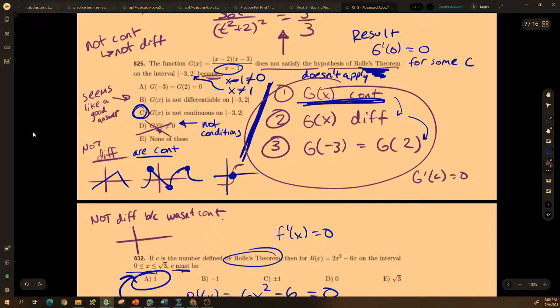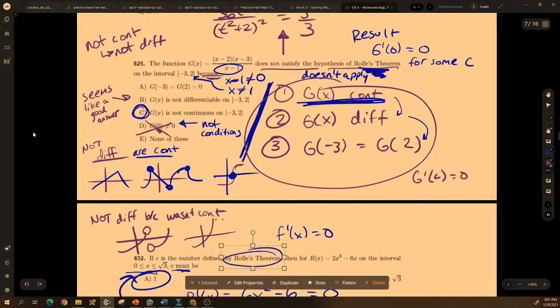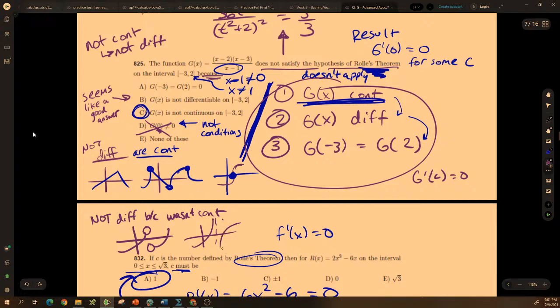That's something like where maybe we have a hole, and so it can't be differentiable because we had a gap. Or maybe we had a vertical asymptote, and it's not continuous because of the vertical asymptote. Whatever type of discontinuity it was, it could have just been a hole, not even a jump, it's not differentiable. But the reasoning was because it wasn't continuous.